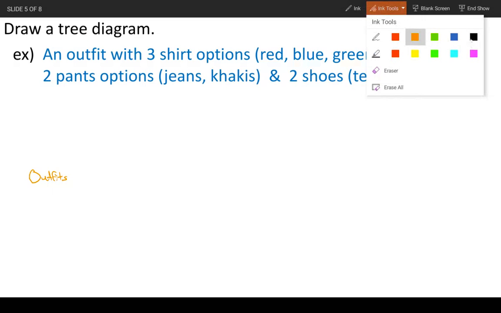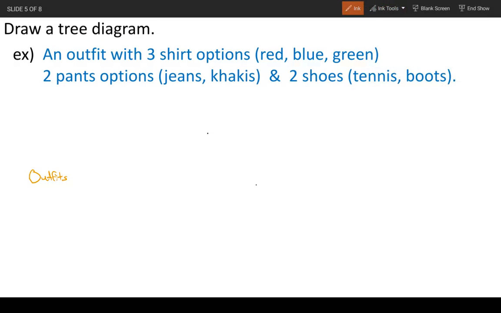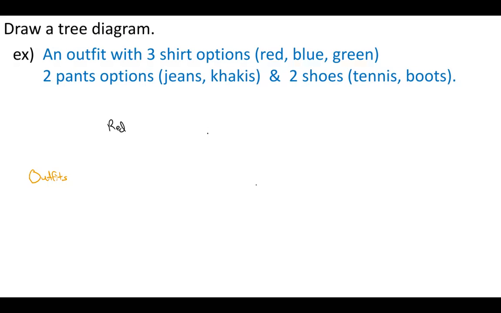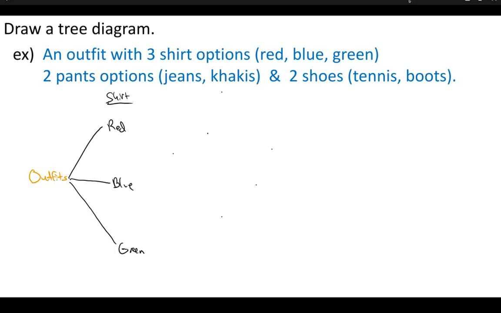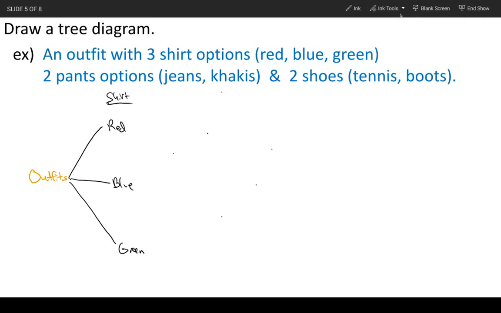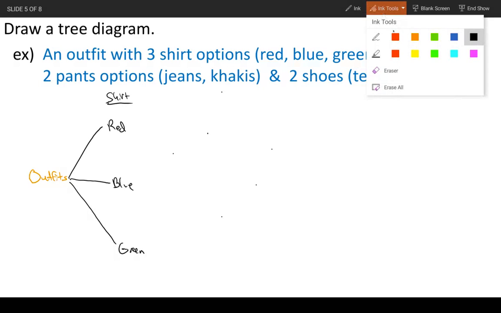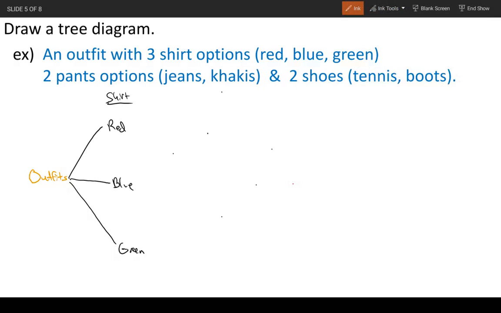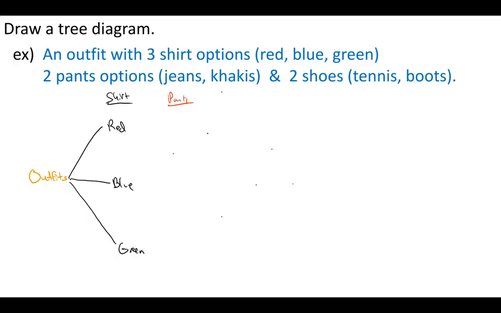So for outfits, we've got red, blue, or green options. So this is shirt. We've got 2 options for pants. We can do jeans or khakis. So pants, jeans, or khakis.